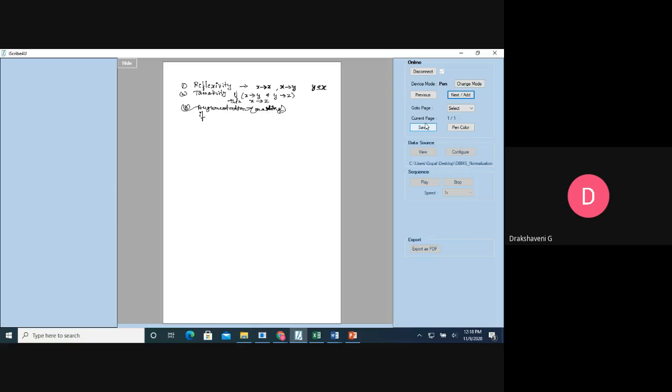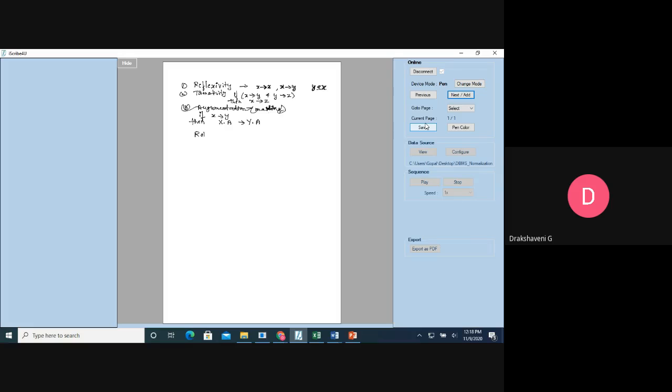So if X tends to Y, then X into A tends to Y into A. So let us see with the table.